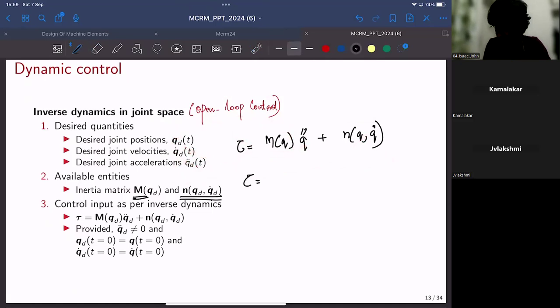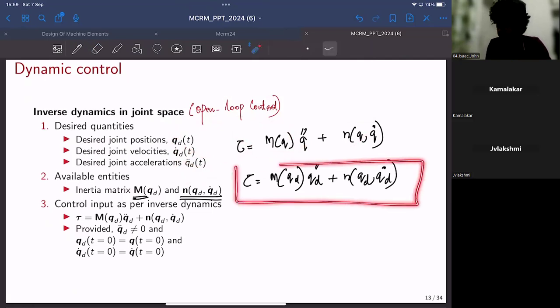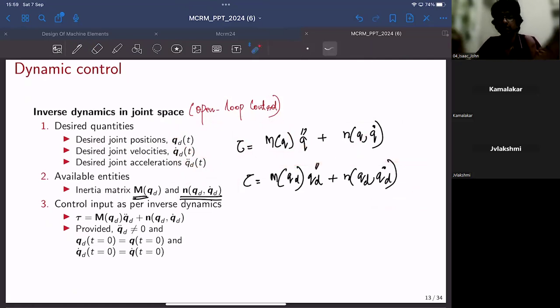So our tau would look like M of q desired, q desired double dot plus n of q desired, q desired dot. Simple as that. There is no feedback term involved. We simply plug our desired coordinates into the dynamics equation. So what are the problems associated with this?